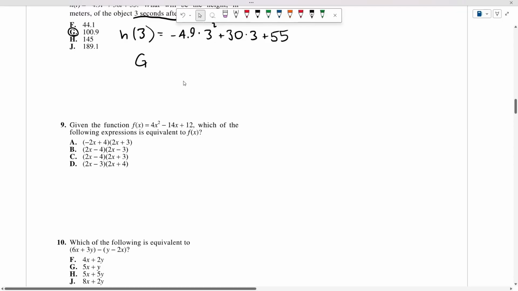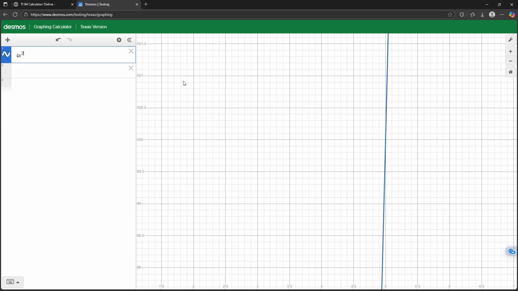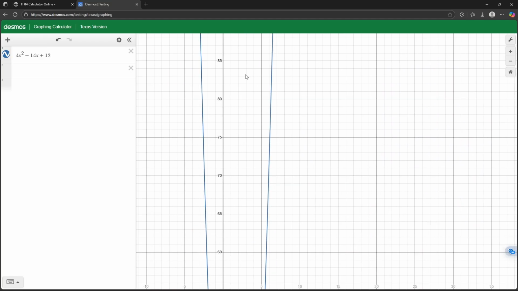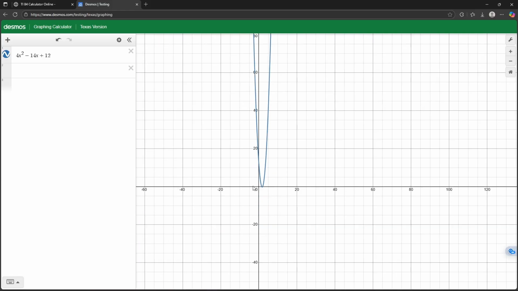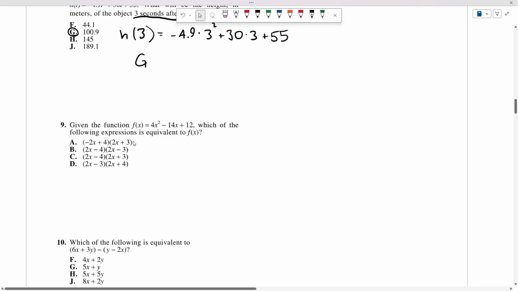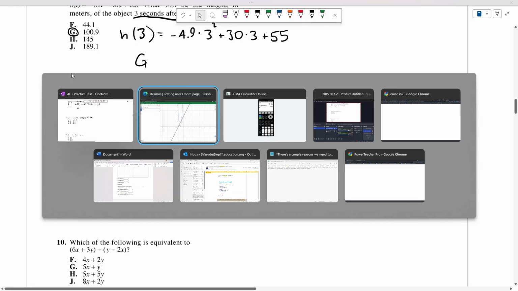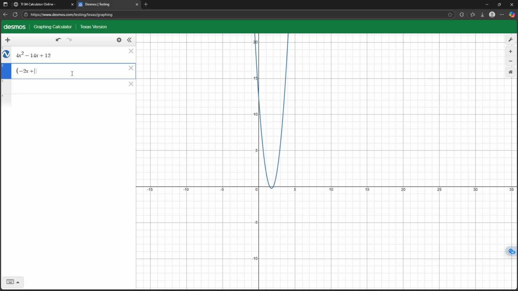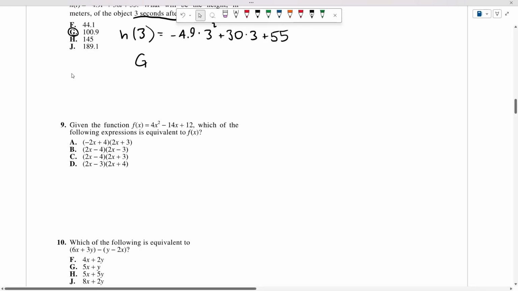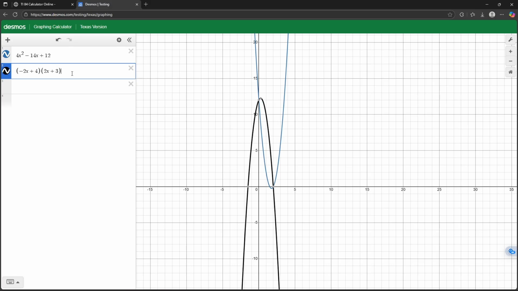So we're gonna graph 4x squared minus 14x plus 12. Okay, and you get the function. And now we're going to graph each answer choice and see which one is equal. Let's start with A. Let's graph negative 2x plus 4, 2x plus 3.